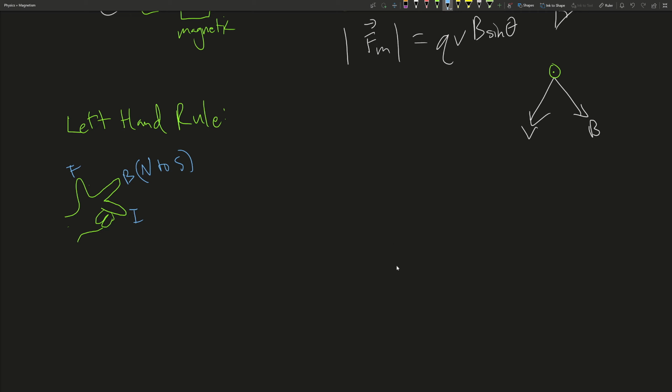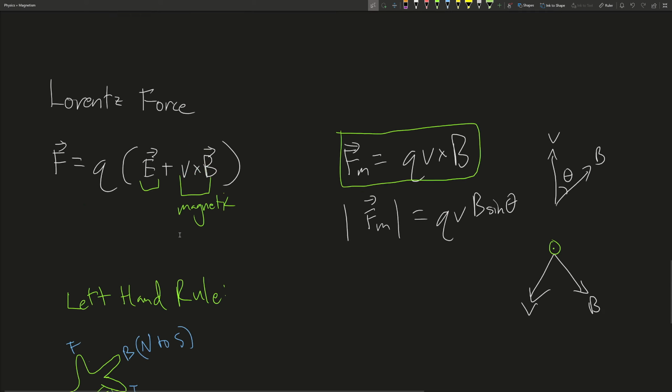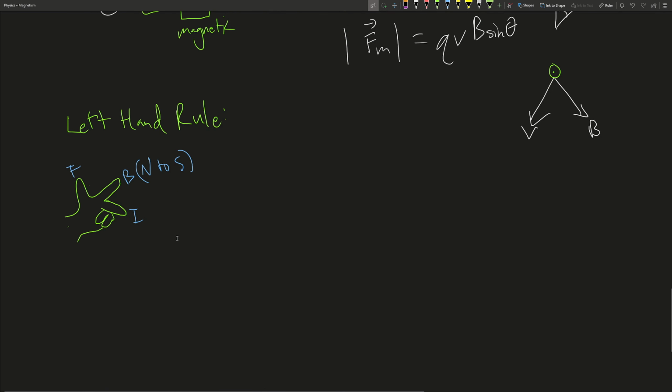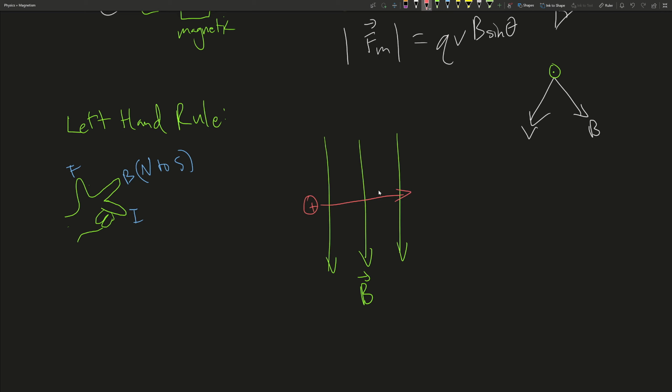Okay, so for an example, if we have a magnetic field that's going in this direction, downwards into the page. So this is your magnetic field. And then you have a positive charge here, moving with velocity v to the right. So this is v.